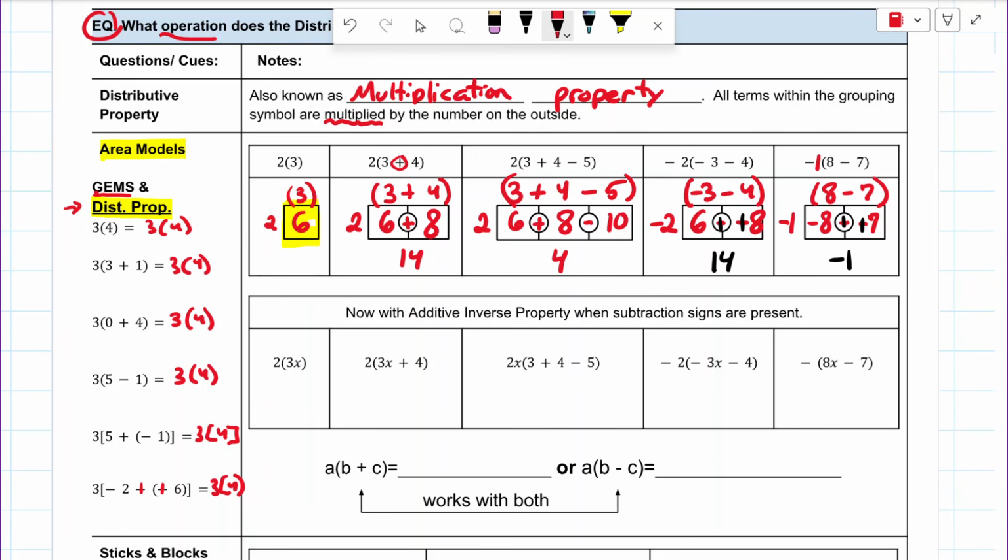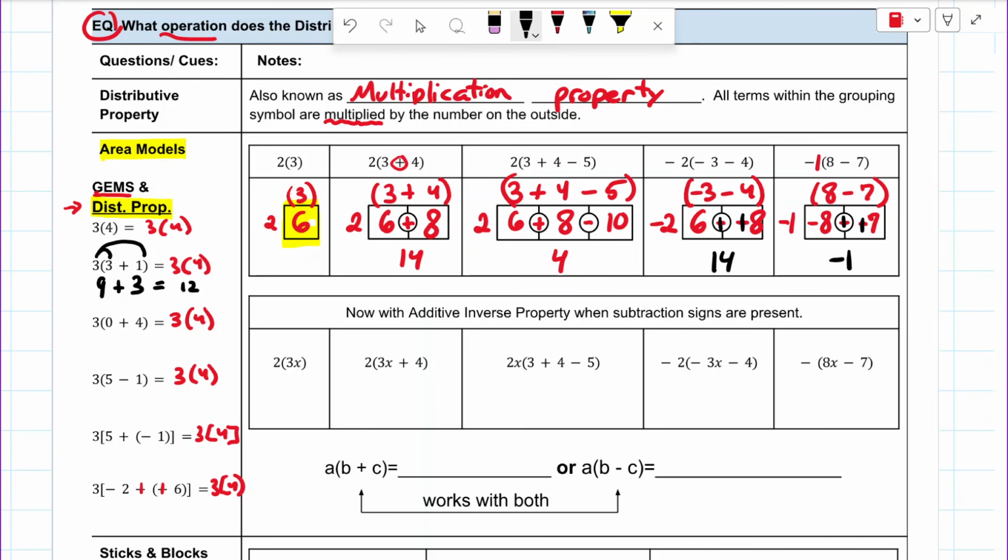But let's go ahead and do the distributive property first instead of doing GEMS. Does it work? 3 times 3 is 9, and 3 times 1 is 3. And 9 plus 3 is 12, exactly what 3 times 4 is.